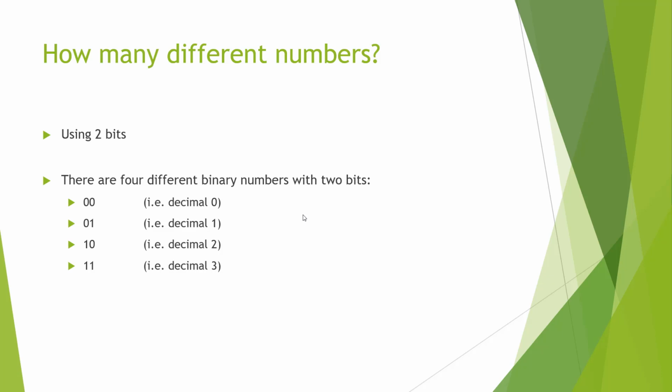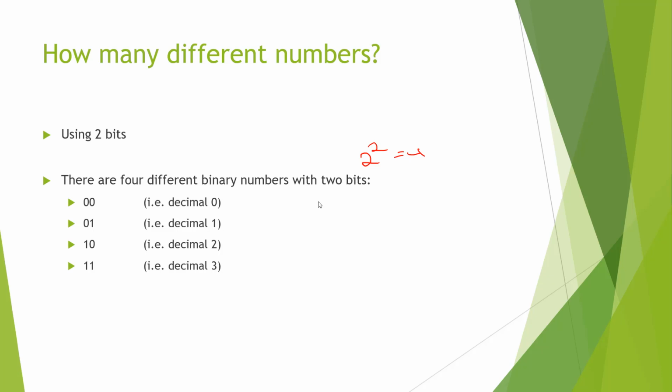So how many different numbers are there if we know how many bits there are? So if we know that we are dealing with 2 bits, we're dealing in the second position. 2 to the power of 2 is 4. And that could be 0, 1, 2, 3.